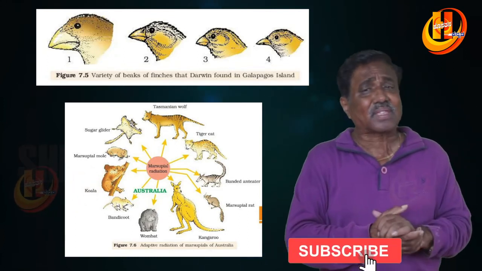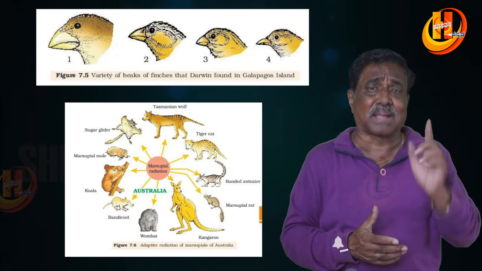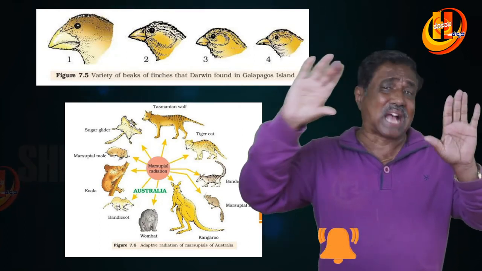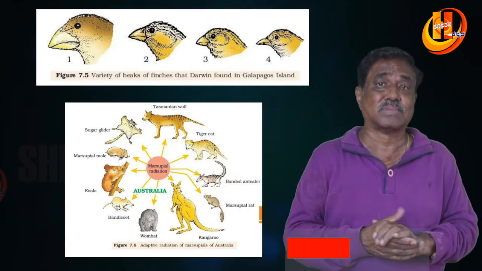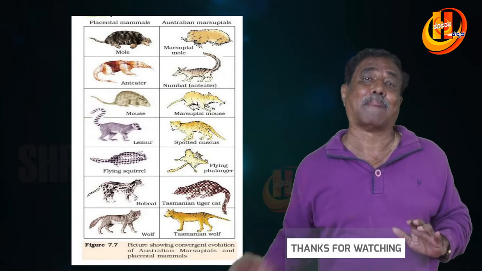Coming to the placental mammals towards one end, and Australian marsupials. One code word is LBW, mam.